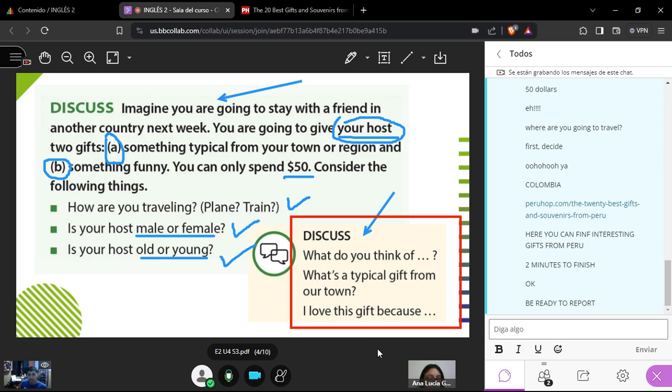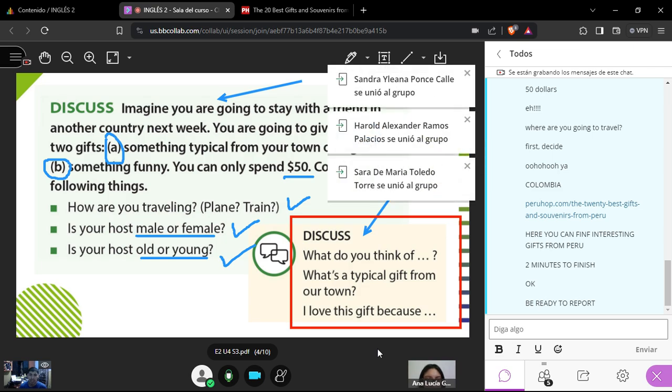A tour of the town. Oh no! It's just two gifts. One something typical and the other something funny.